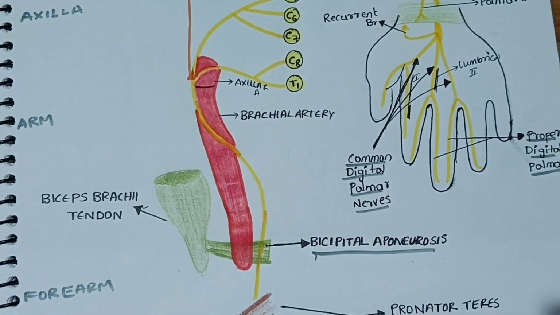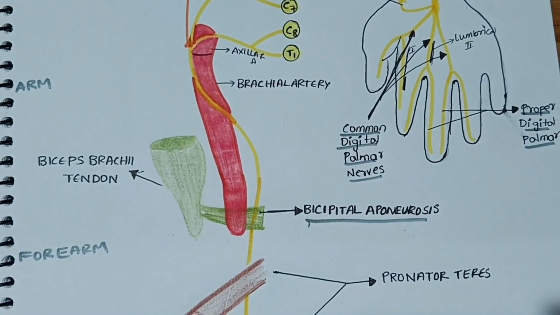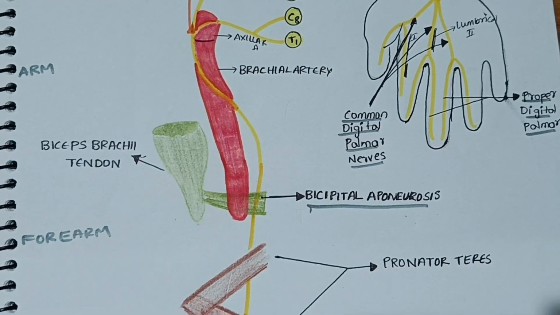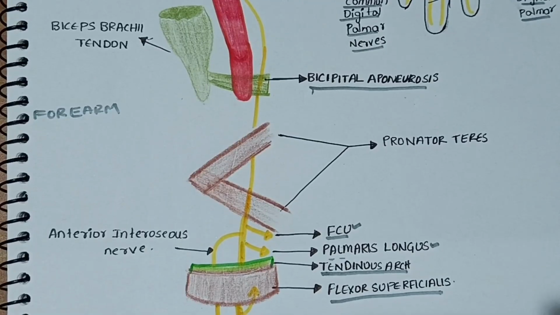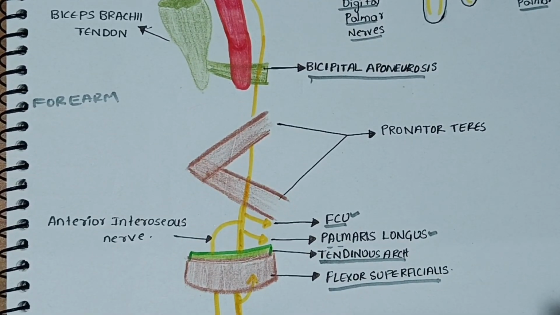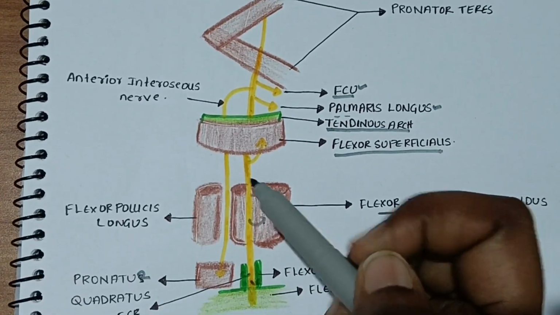When it is entering into the arm region, it crosses the bicipital aponeurosis and enters between the two heads of the pronator teres, supplying flexor superficialis muscle. Before supplying this muscle, it gives the anterior interosseous nerve, which supplies the pronator quadratus.